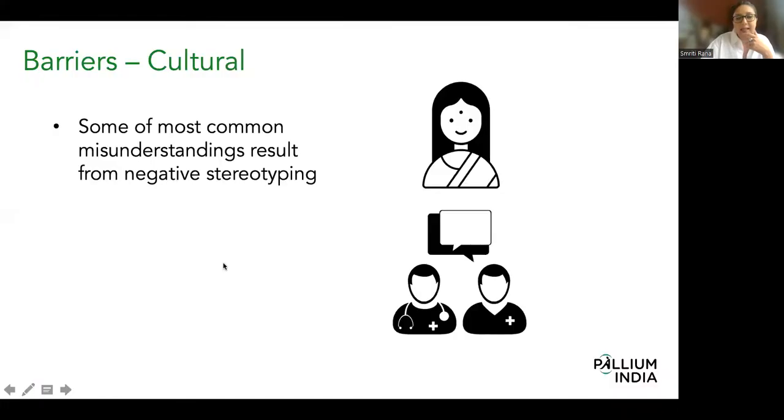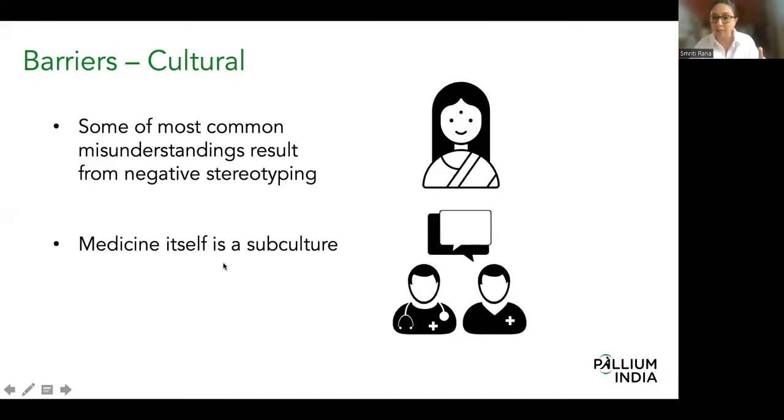The other thing is that medicine itself is a subculture. What do I mean by that? Those of us in healthcare have a whole other secret language. It's not even that secret, really. It's just that we have a way of communicating with one another where some of us develop a sense of humor around something dark, because that's the only way we can cope with it.